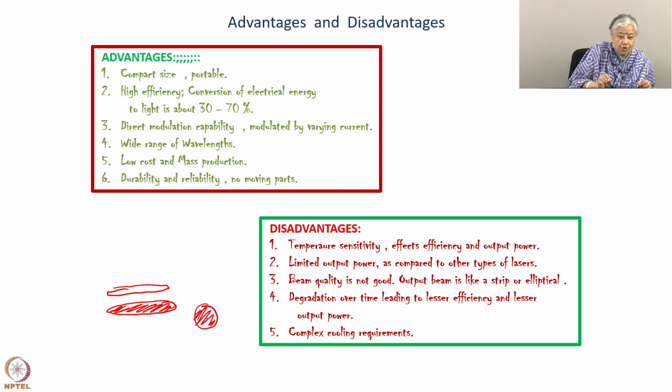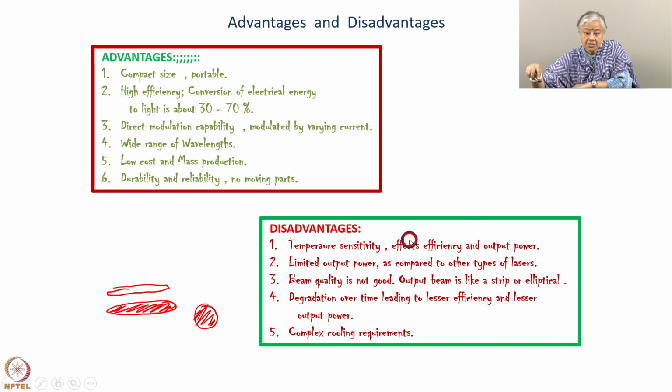So, this can be focused very easily, while the focusing of this is not that good. So, you will have to use multiple lenses, different types of lenses, in order to get it to a circular shape. I think it is the biggest disadvantage, but there are some other disadvantages too.